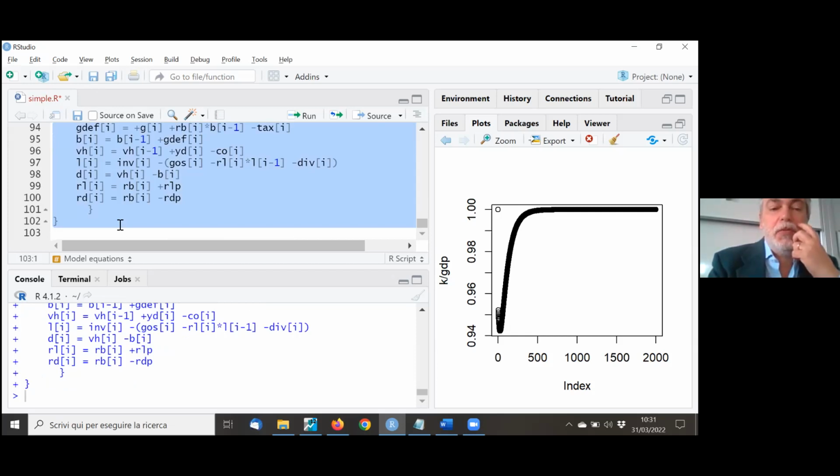But here, how do you do a shock in this code? You have to redo the for. No, you can use the if operator in the loop. If the I index is larger or equal than a certain period, so year, then you can change a specific value.